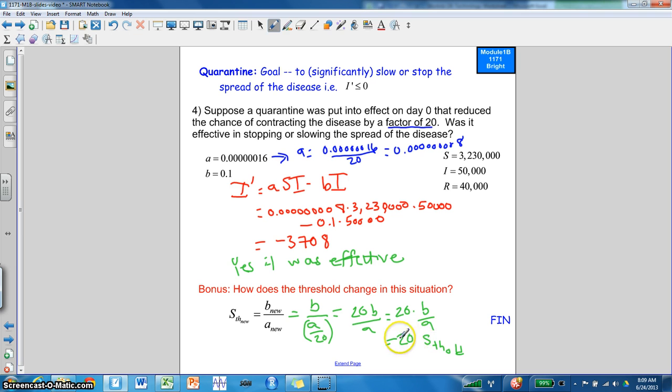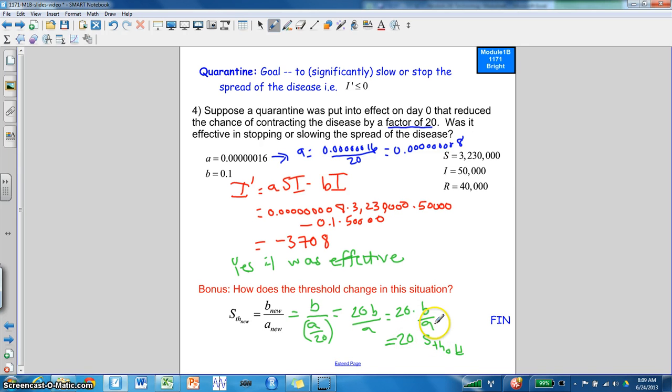Okay, so what I'm saying is that if you decrease the transmission coefficient by a factor, say 20, what it ends up doing to the threshold is it increases the threshold by a factor of 20. Okay, so there's a reciprocal relation that you need to pay attention to.